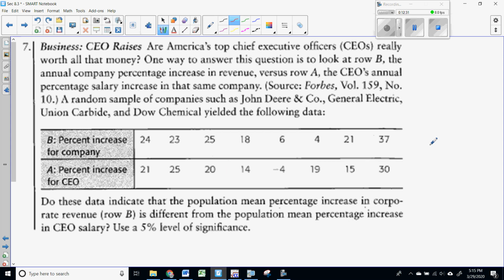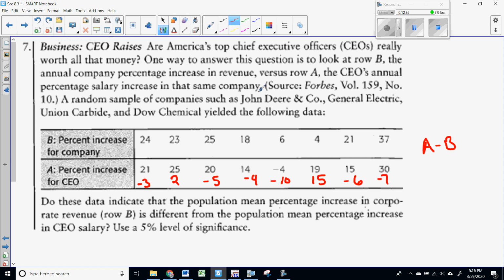So what I'm going to do here is take A minus B. I am going to subtract. So I get -3, 2, -5, -4, -10, 15, -6, -7.